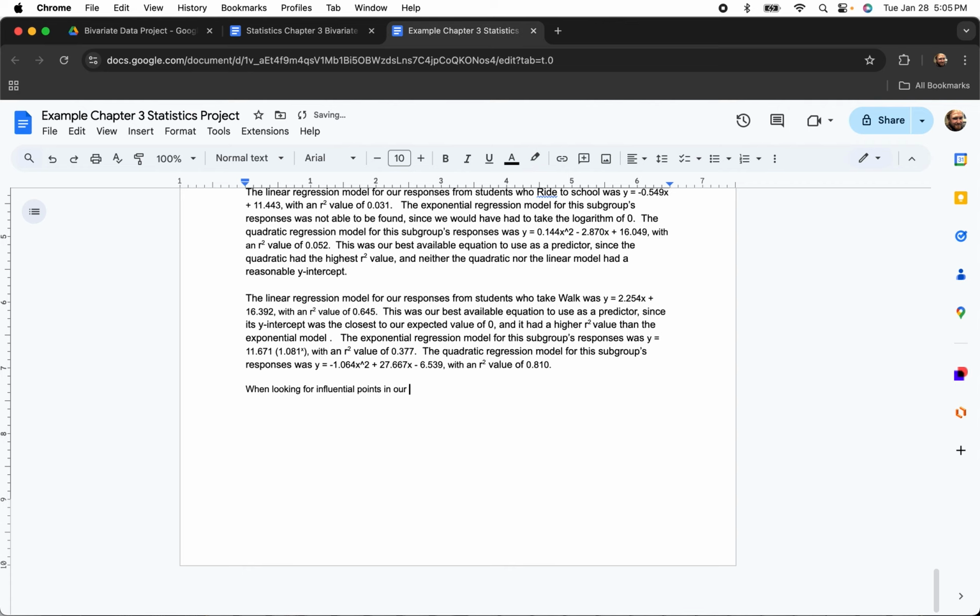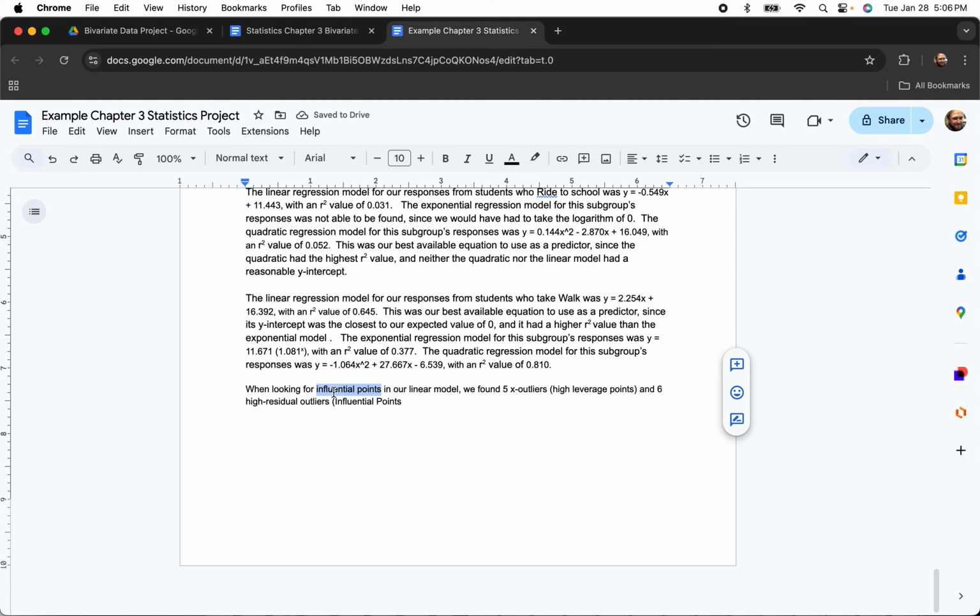So when looking for influential points in our linear model, we found, let's see, let me count up again, 5 X outliers, which are also called high leverage points, and 6 high residual outliers, which are known as influential points.